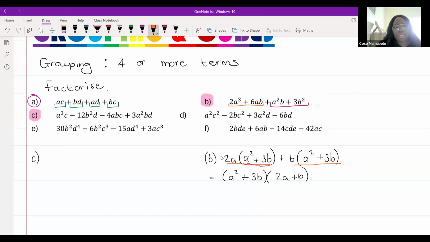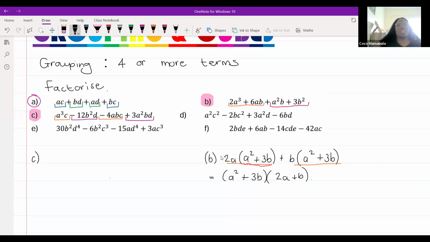So maybe let's take a cubed c and the other one that has a c, minus 4abc. We're going to group those two, and then we're going to take negative 12b squared d, and we can group that with plus 3a squared bd. So let's rearrange this a little bit.